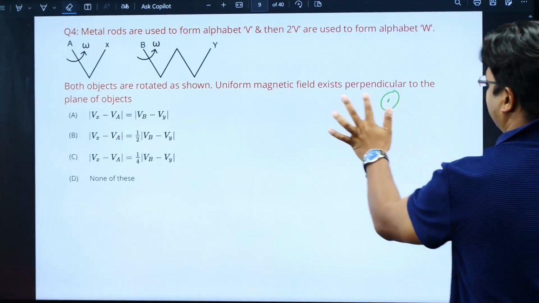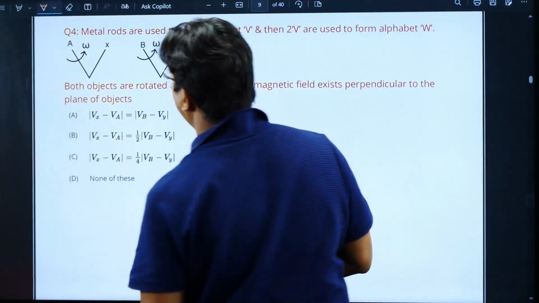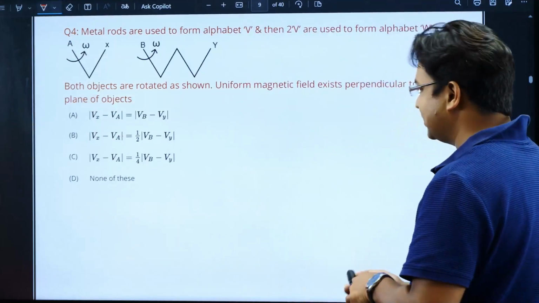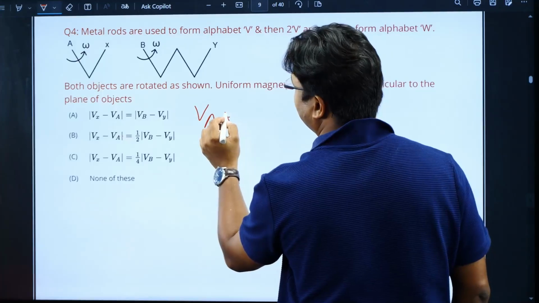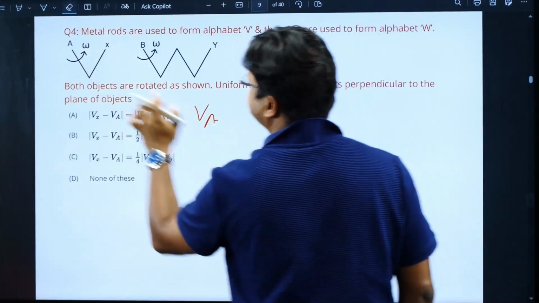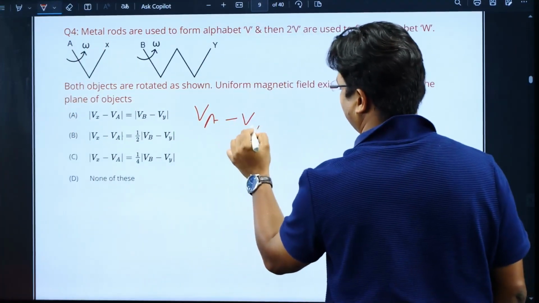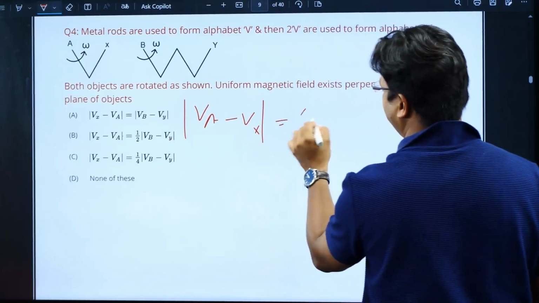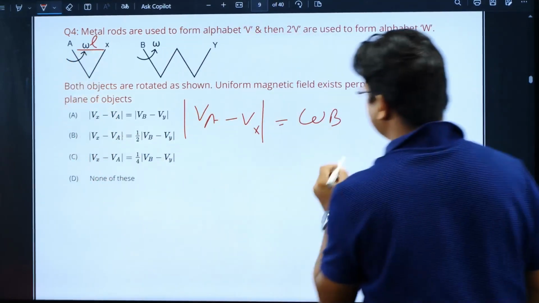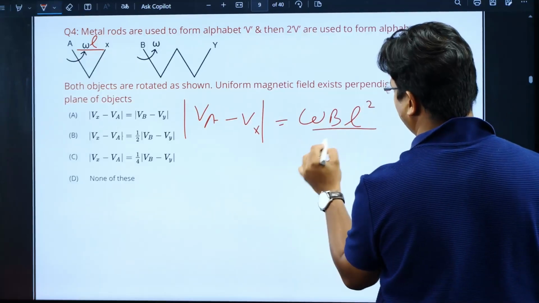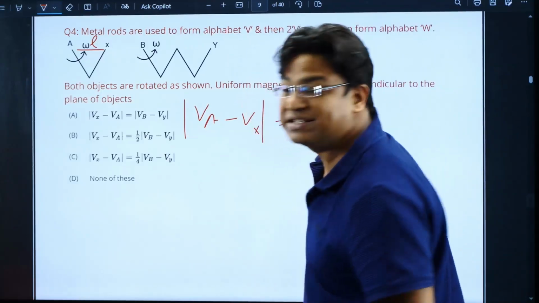So notice this, guys, that when we are trying to write the modulus of Va minus Vx, it would be omega B, and whatever this distance is, let this distance be L. So it would be L square by 2, because Ra is 0.